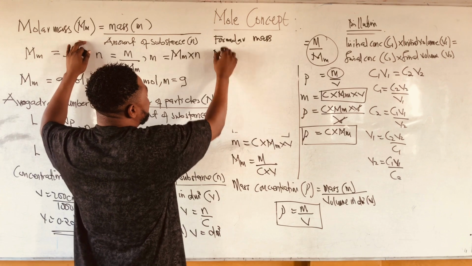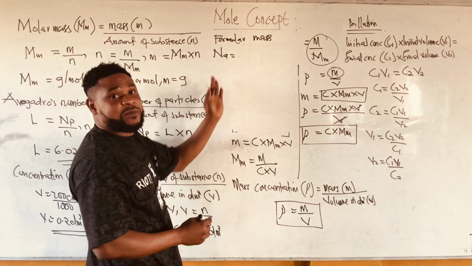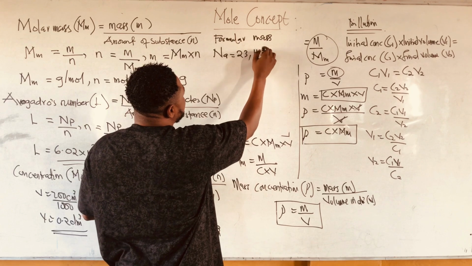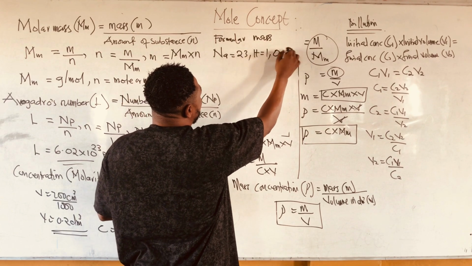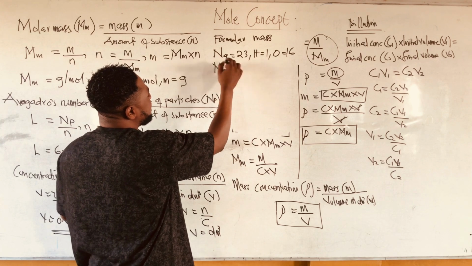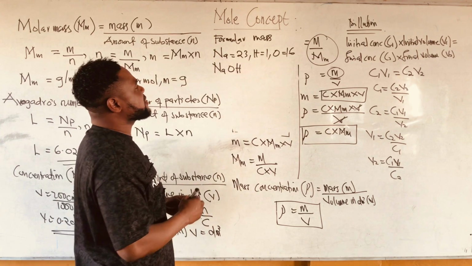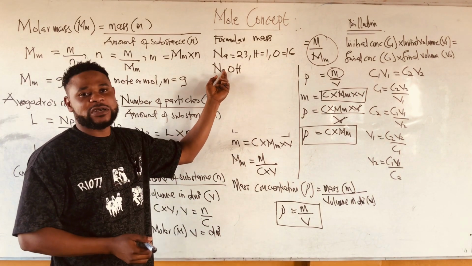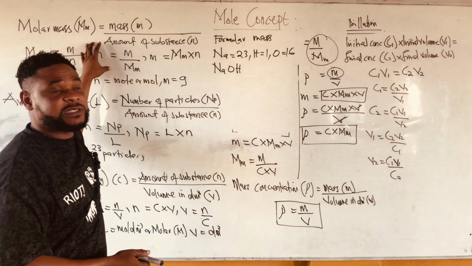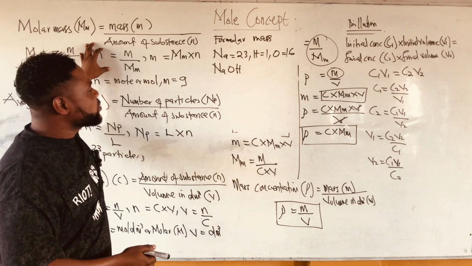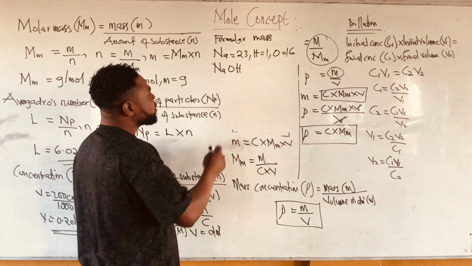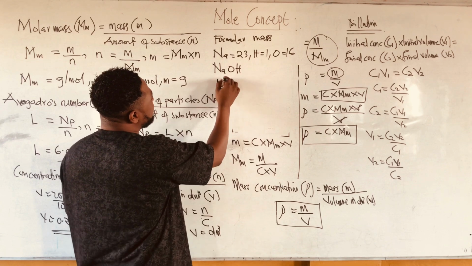Let's assume I give you relative atomic masses: Na to be 23, H to be 1, and oxygen to be 16. Then I ask you to calculate the molar mass of sodium hydroxide. With a question like this, you cannot use this formula to calculate the molar mass. So we need to use the formula mass approach.